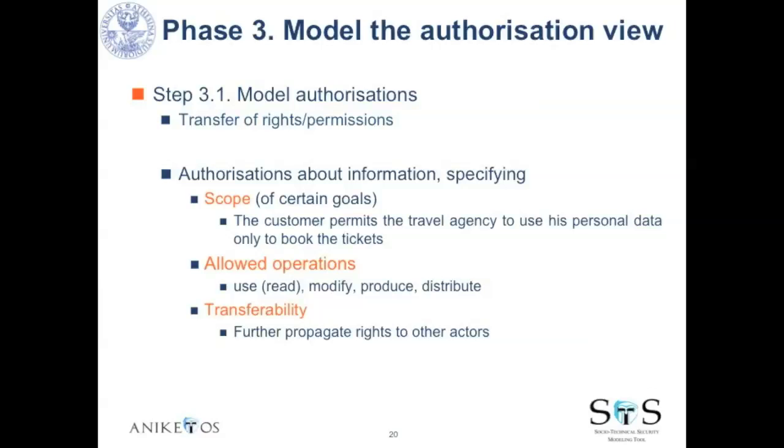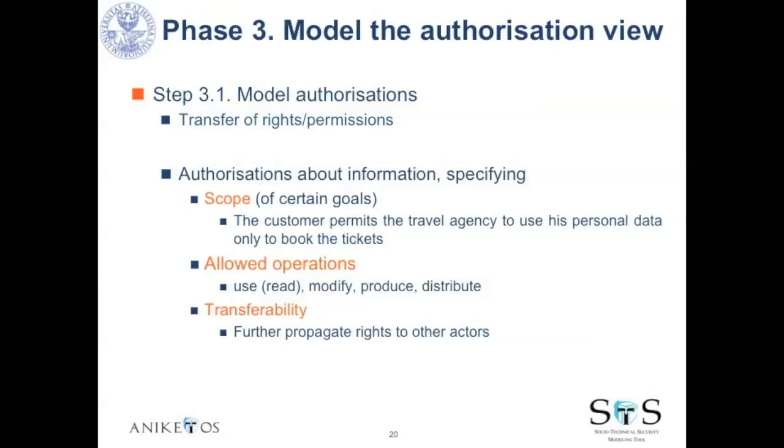And all these operations we have considered here are actually related to the relationships that we had in the social view. So use refers to the need relation from a goal to a document, modify refers to modifies, and produce the same, whereas distribute refers, since we capture exchange of information by means of document provision, distribution refers to allowing someone to distribute or provide documents that represent information for which you are allowing distribution.